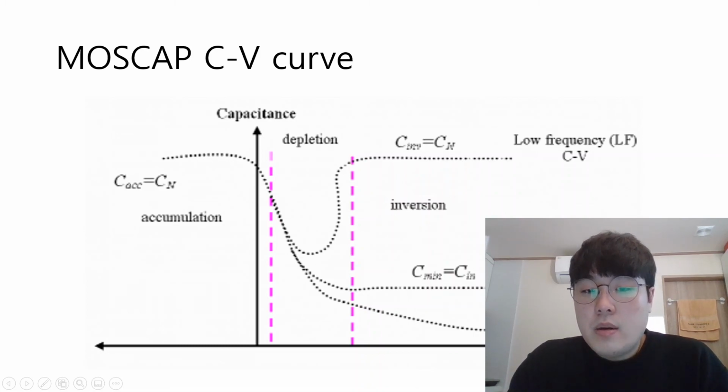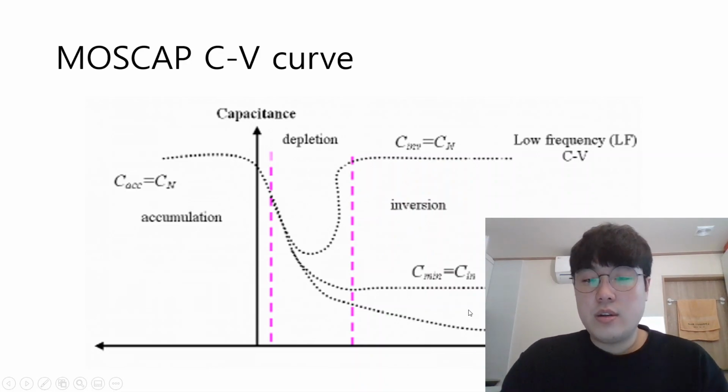But when we use too fast a DC bias, the minority carriers do not react, so the depletion layer is increased and the capacitor values are more decreased because of the generated insulating layer. So today's lecture ends here, and thank you for listening.